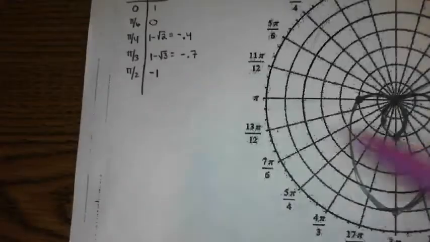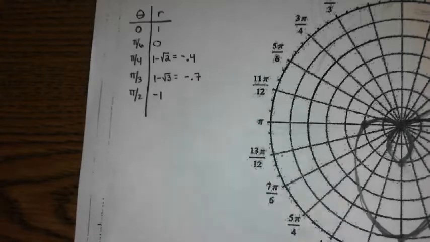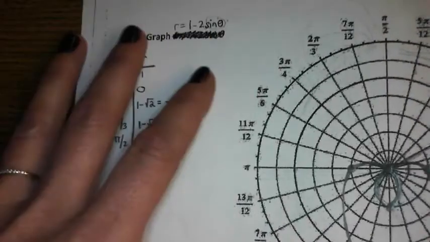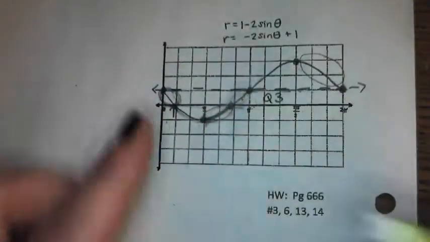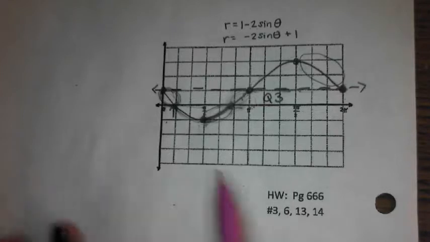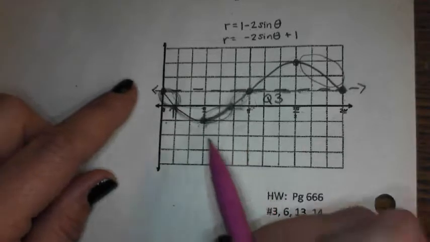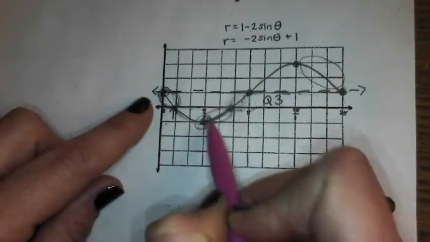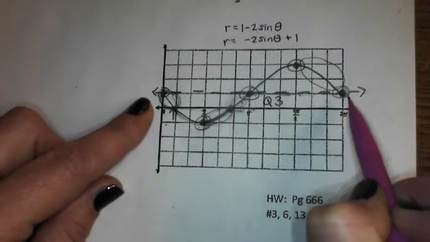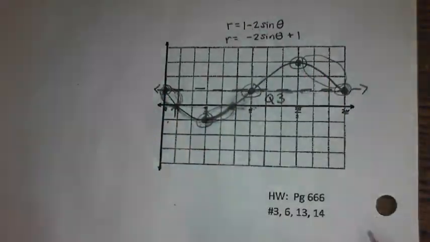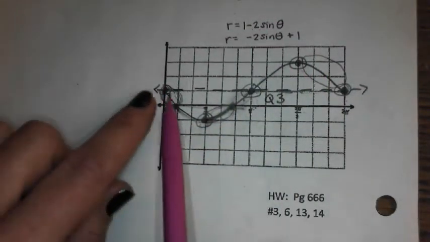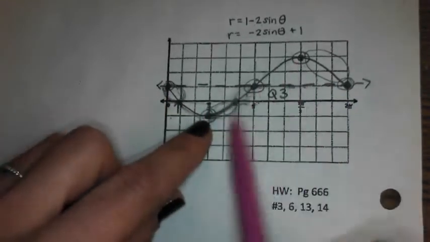So we could have gone through this one with a complete table of values. And on your homework, you can do it in either way. You can do a table of values if you want, or you can use your two-dimensional sketch to guide you. Your critical points on two-dimensional sketches are going to be your same 5 critical points that you always have on one sine curve or one cosine curve, your midline intersections and your maxes and your mins.